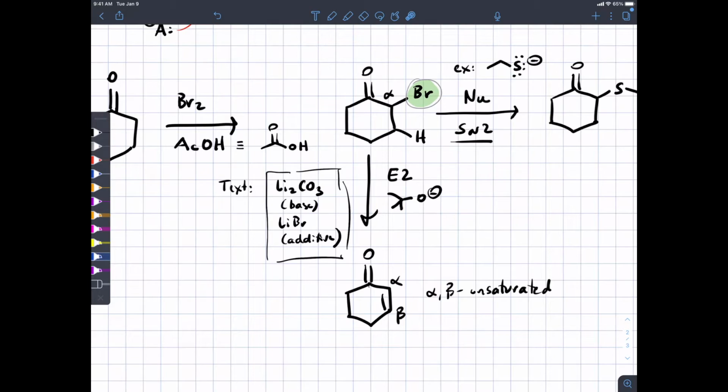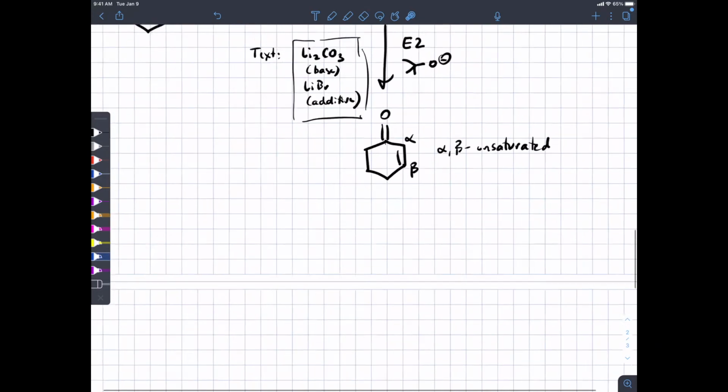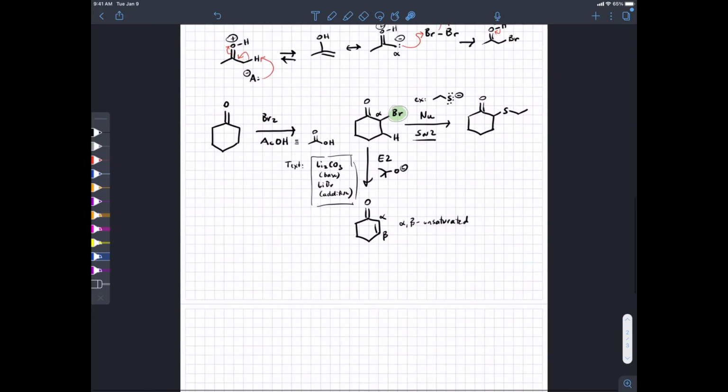But I'm never going to give you a situation where I say, which of the following reagents carries out this reaction, and you have to choose between this or that, because for our purposes, they both would work. Now, in practice, if one works better than the other for some mysterious reason that we don't understand, that's okay. There's a lot in chemistry we don't know. All right. What can we do with alpha-beta unsaturated carbonyl compounds?